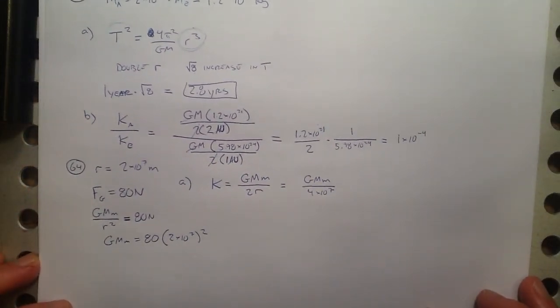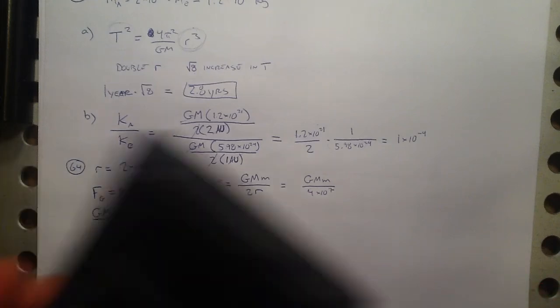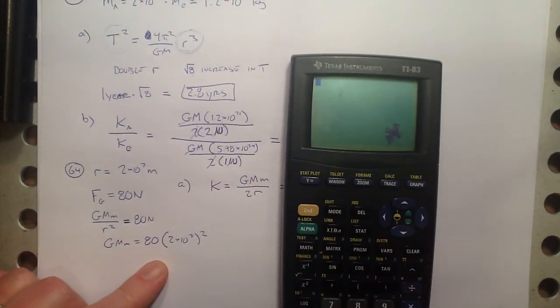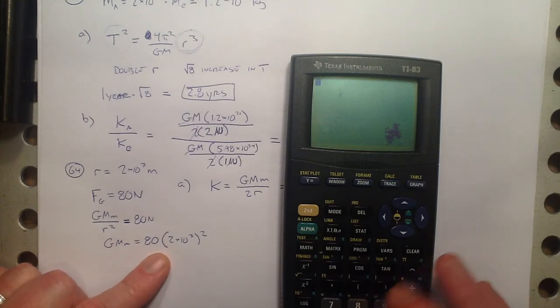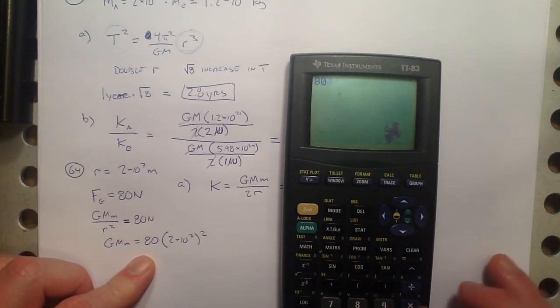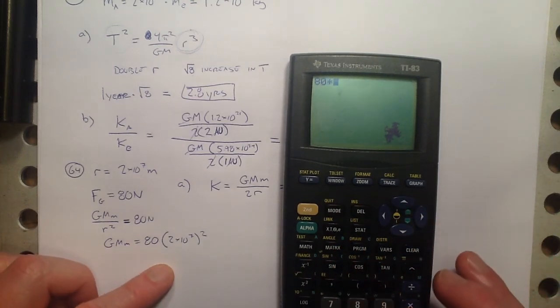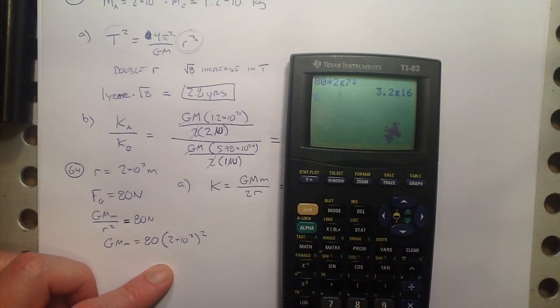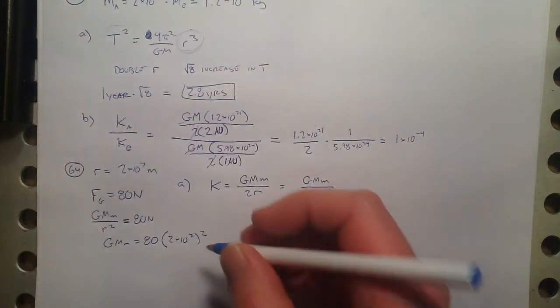That's what GMM is. And that would be 80 times 2 times 10 to the 7th squared, which is 3.2 times 10 to the 16th.